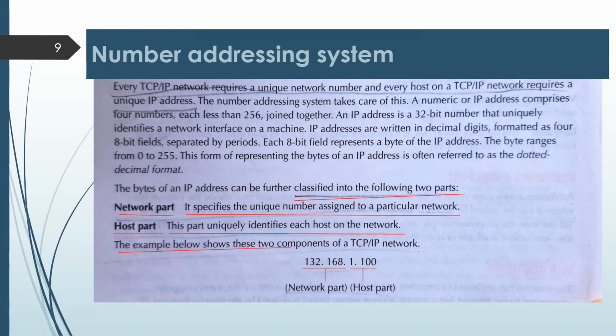An example is given here: 132.168 is the network part, and 1.100 is the host part. The network part is what connects your computer to the server across the world, and 1.100 is the host part, the address of that particular server.